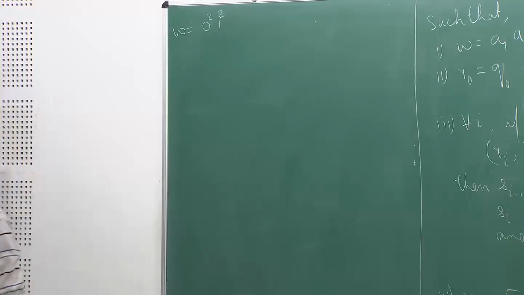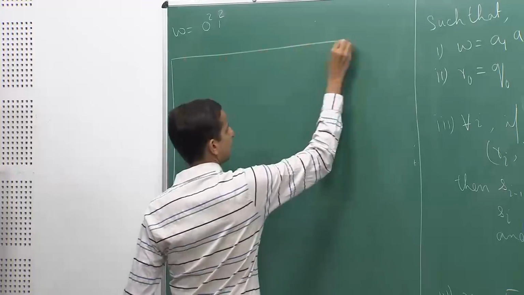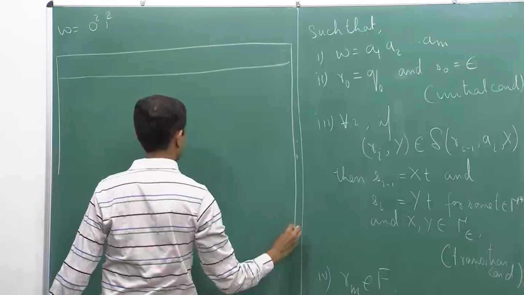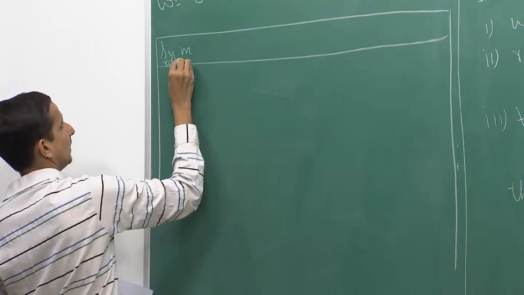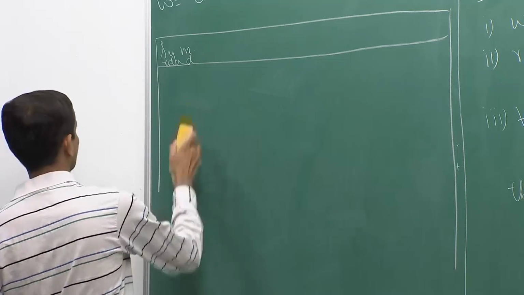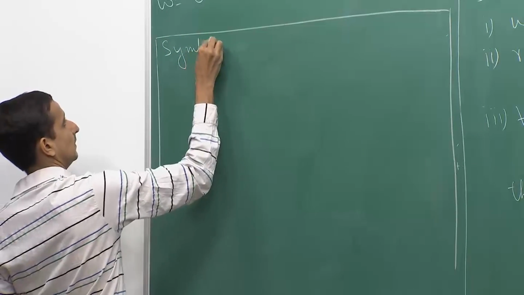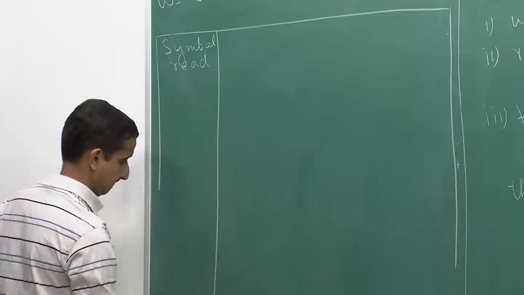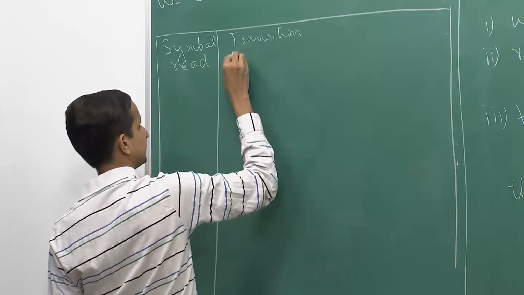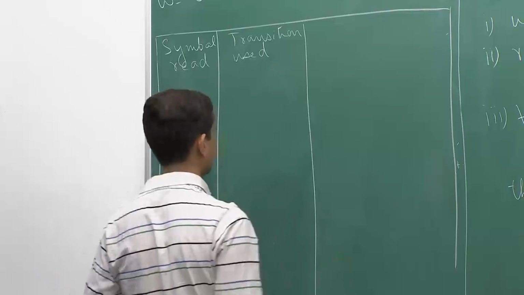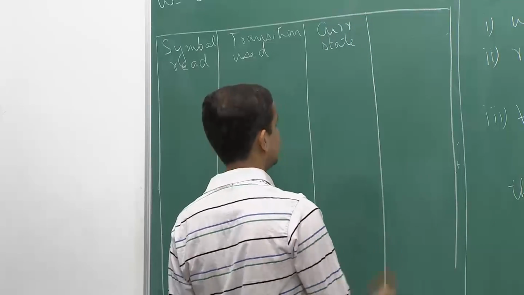On this string, we will construct the following table, where I have the symbol read, then the transition used, current state, and stack contents.